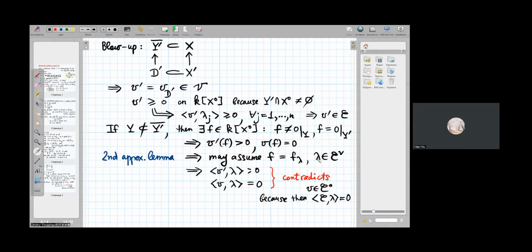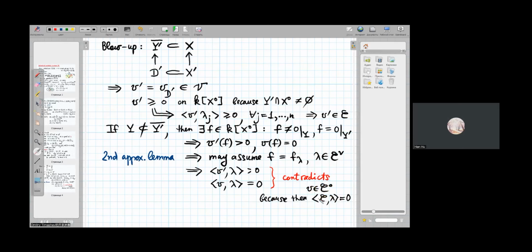So this vector lambda has non-negative pairings with all vectors in the cone C. If v is in the interior, it is a strictly positive linear combination of the generators of this cone.